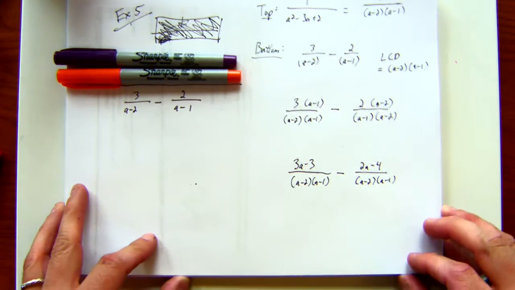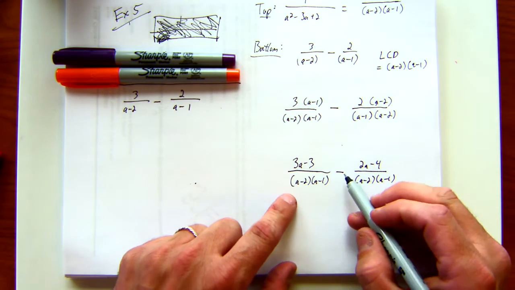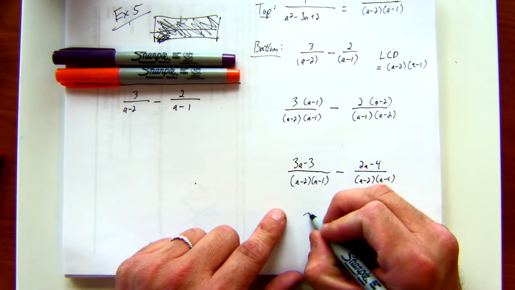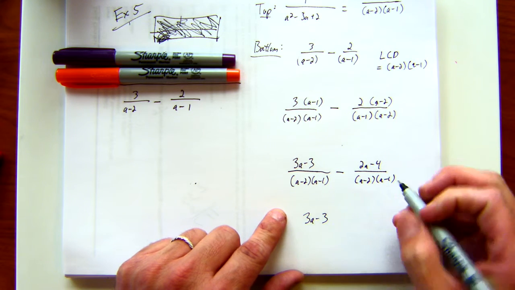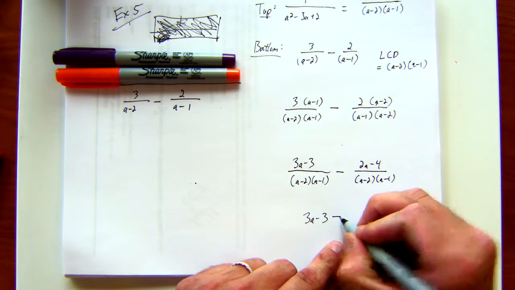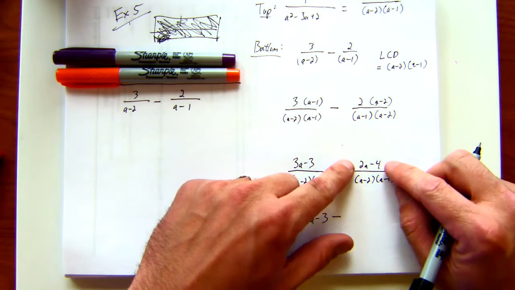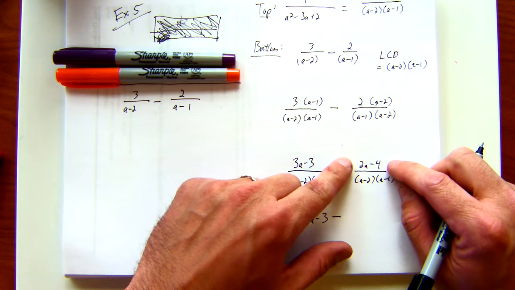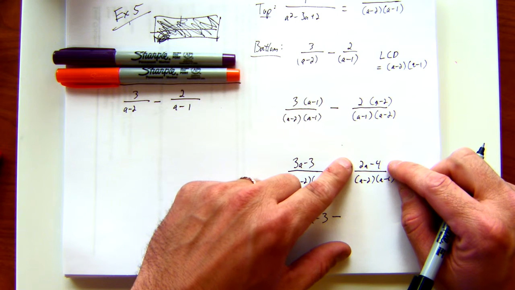Now to combine like terms, remember we talked about when you want to subtract these, I'm going to have 3a minus 3. This is this guy. Minus. Now when I subtract this guy, what do I need to remember to do? Distribute the negative.